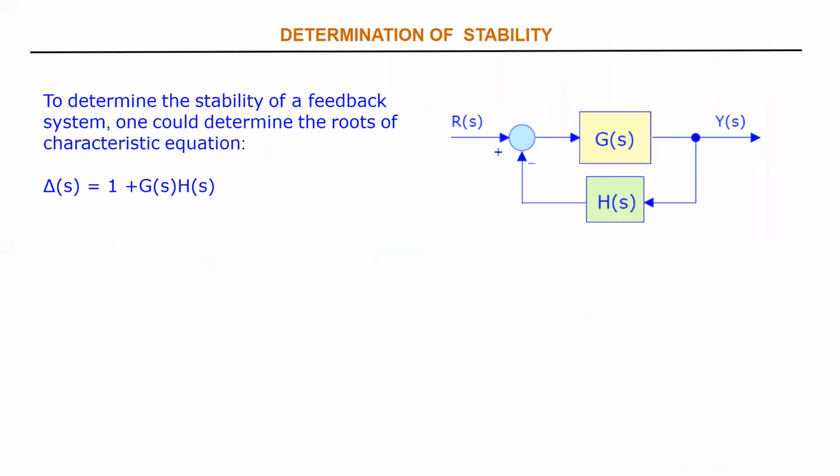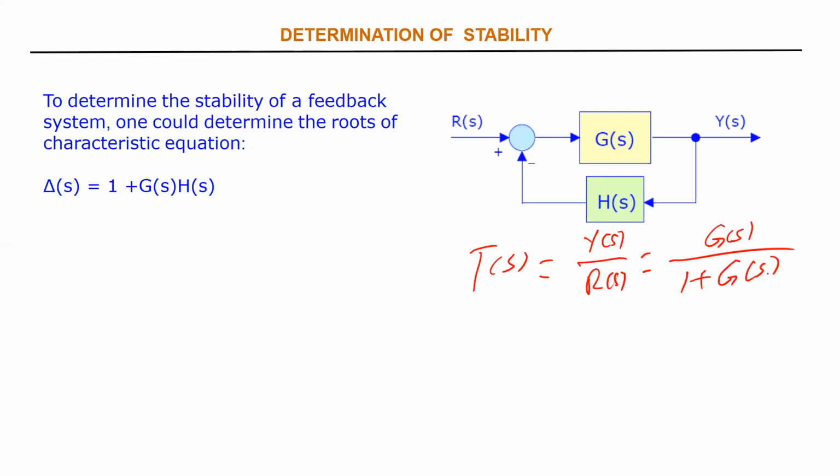Okay. Now, suppose I have this system. What will be the transfer function of the system? G of s over 1 plus G of s H of s. Okay, Y of s over R of s is equal to G of s over 1 plus G of s H of s.